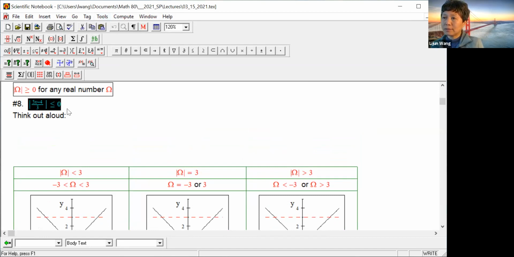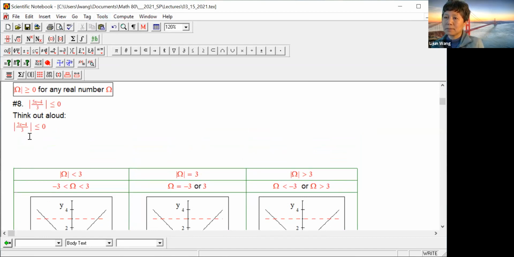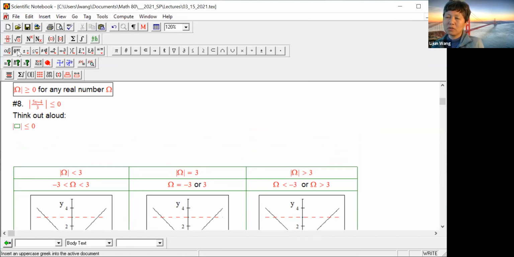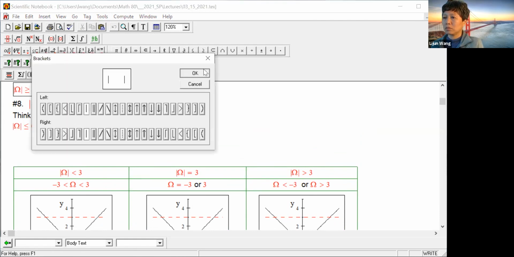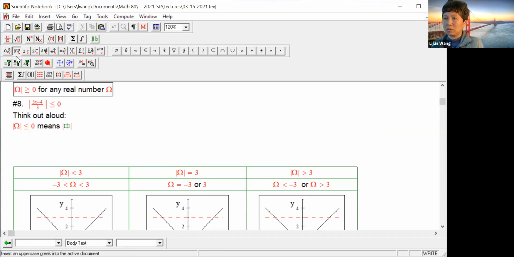I view this as omega, but you can leave it as it is. You don't have to do that. This means the absolute value of omega is less than or equal to 0. So first we need to understand what it means, don't we?